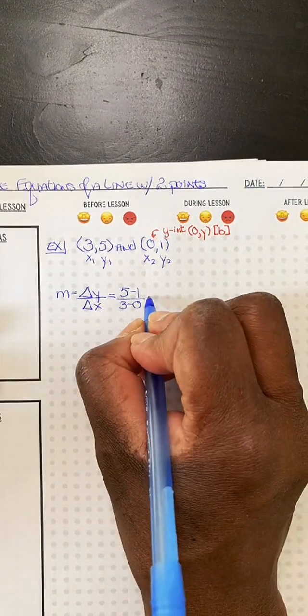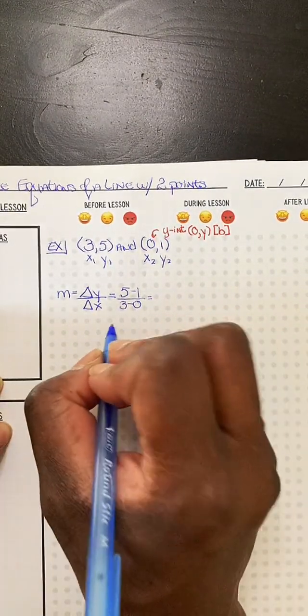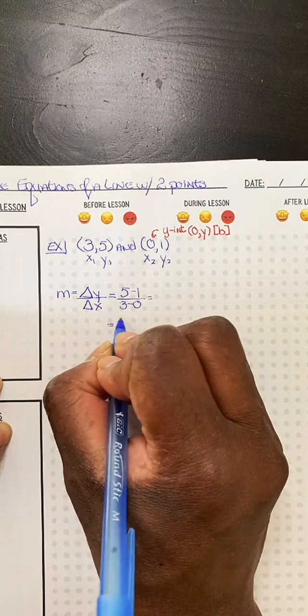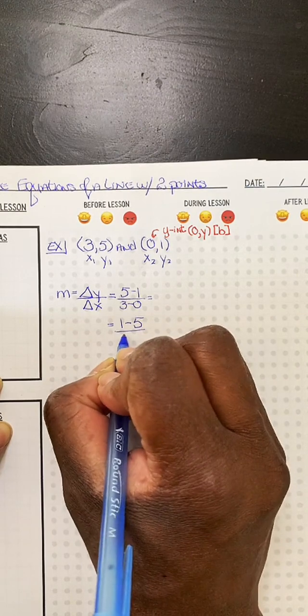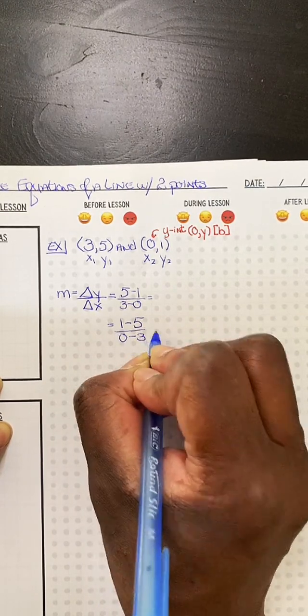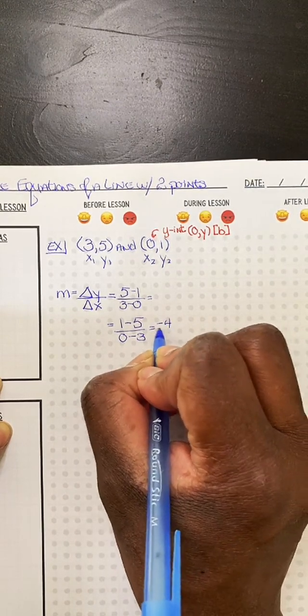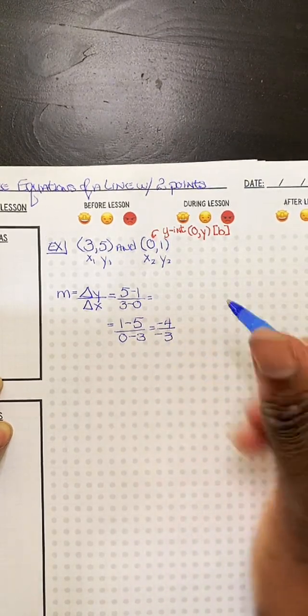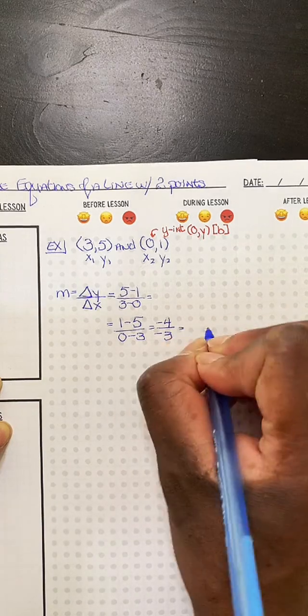Now, if you did it the other way, you're going to get the same answer. If you did 1 minus 5, and then 0 minus 3, this will give you negative 4 over negative 3. But a negative divided by a negative gives me a positive.